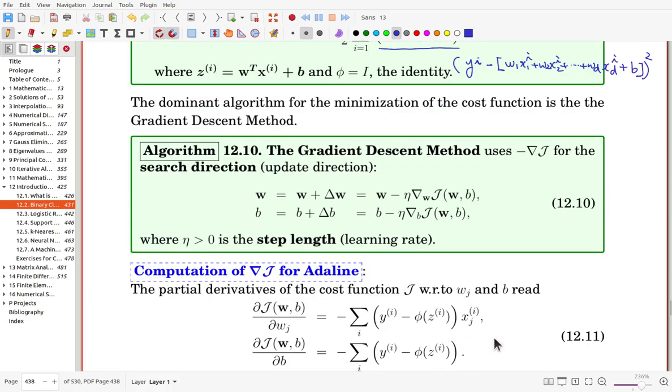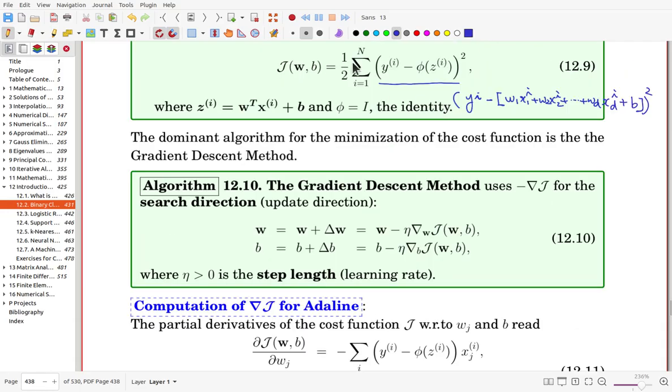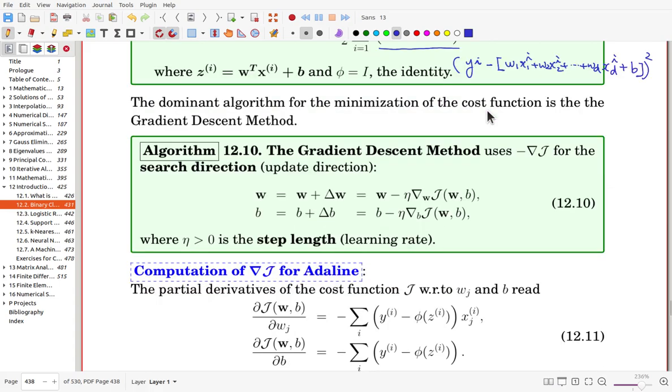Okay, let's try to get the derivative. Once we get the derivative with respect to wj, wj will be somewhere here. If we take the derivative of this term, then the 2 will go to the front and cancel with this half, and then this term is exactly this one, and then by using the chain rule, the coefficient of wj will be xj.